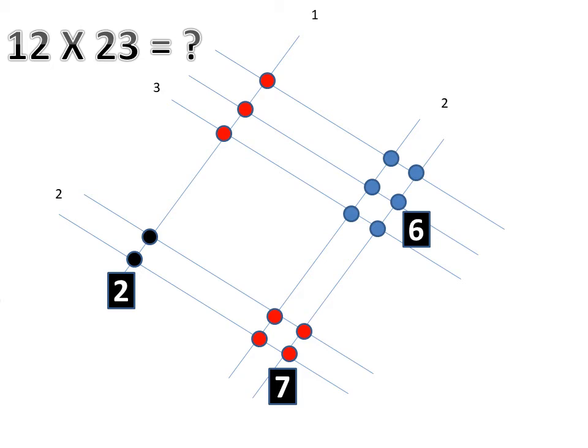And now, joining all the numbers together, we have 276. And that only shows that 12 times 23 is actually equal to 276.